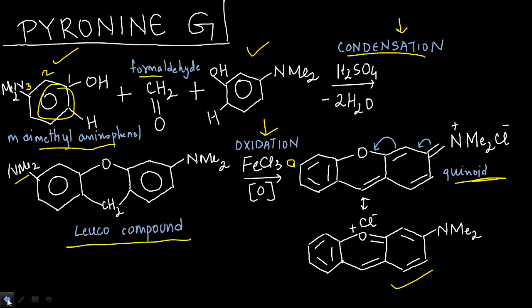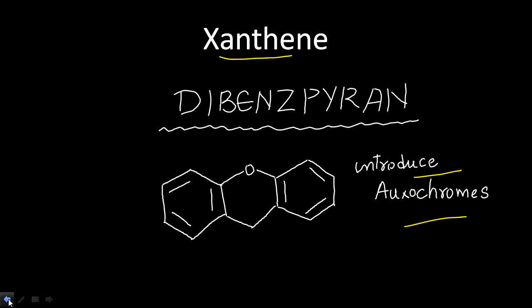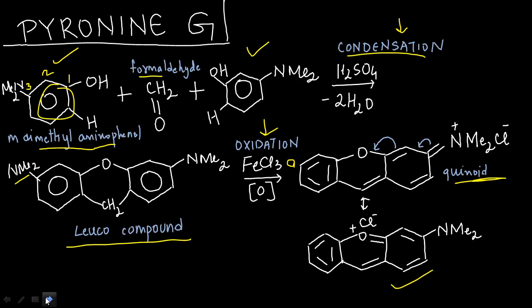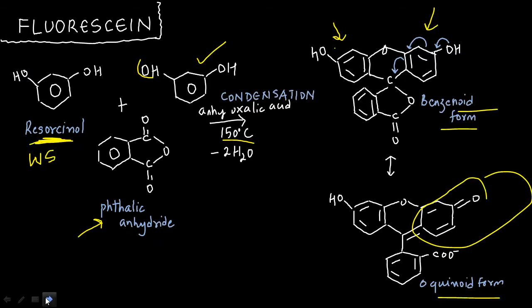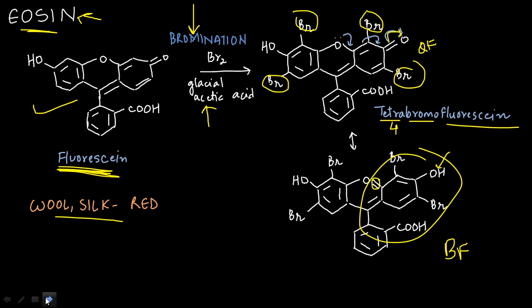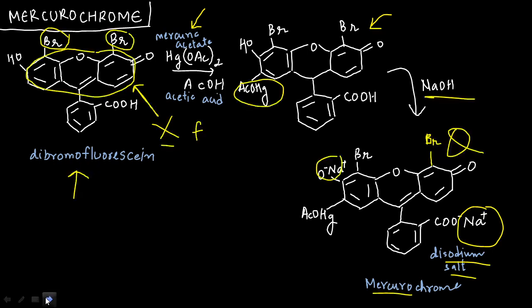So first we discussed what a xanthene dye is, then Pyronine G and its synthesis, then Fluorescein and the test that we perform in the lab, then Eosin. The last two are fluorescein derivatives only. Then we have Mercurochrome. I hope you understood these syntheses, and you can go through them again if you want to. That's all for this lecture. Thank you.